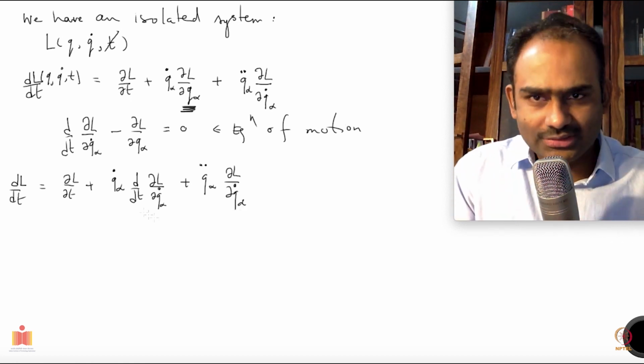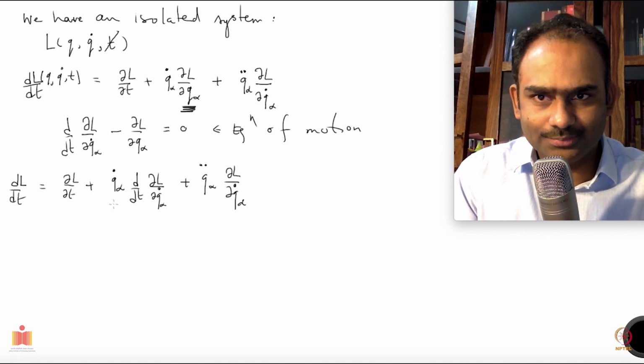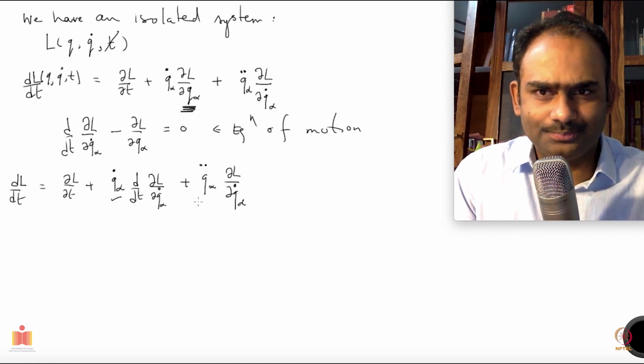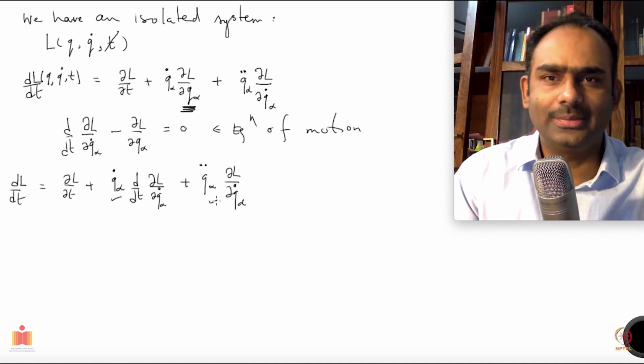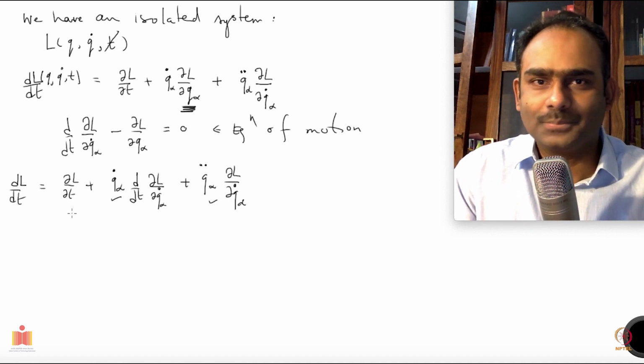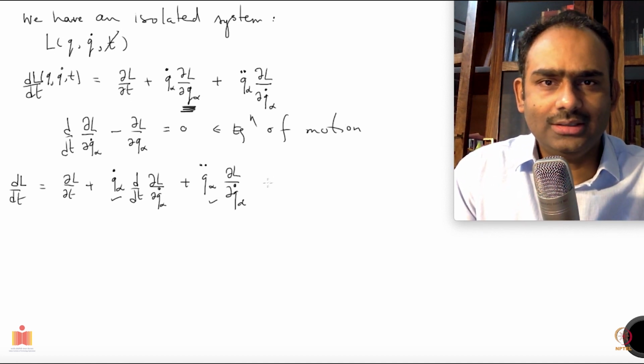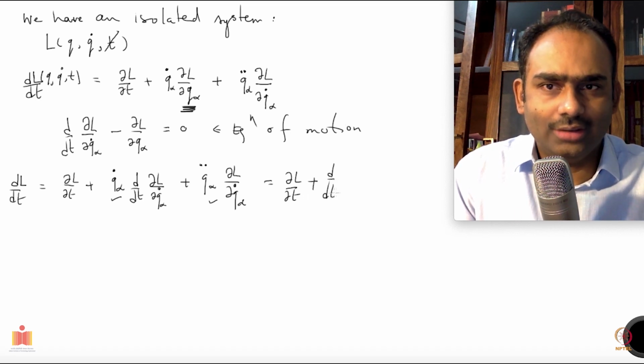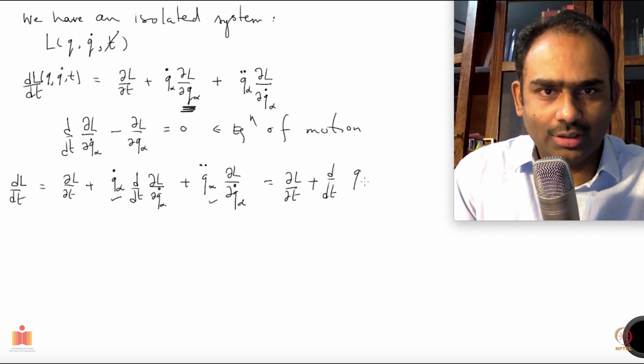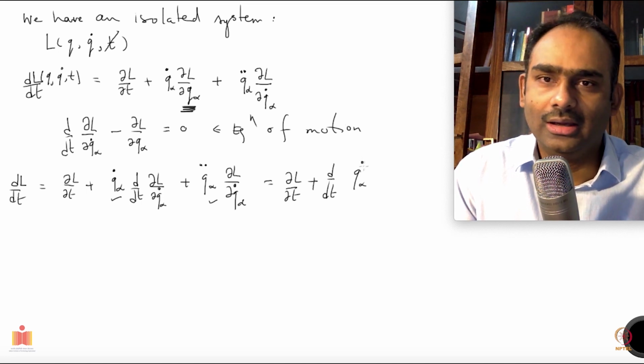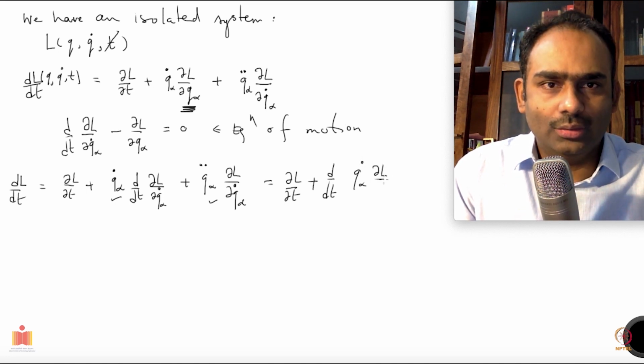I hope you can see that these two terms can be combined together. So I write del over del t of the Lagrangian, the partial derivative, plus d over dt of q alpha dot del L over del q alpha dot.